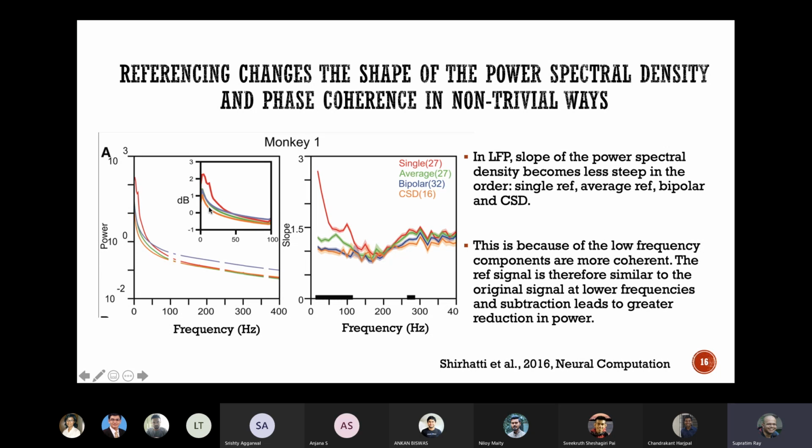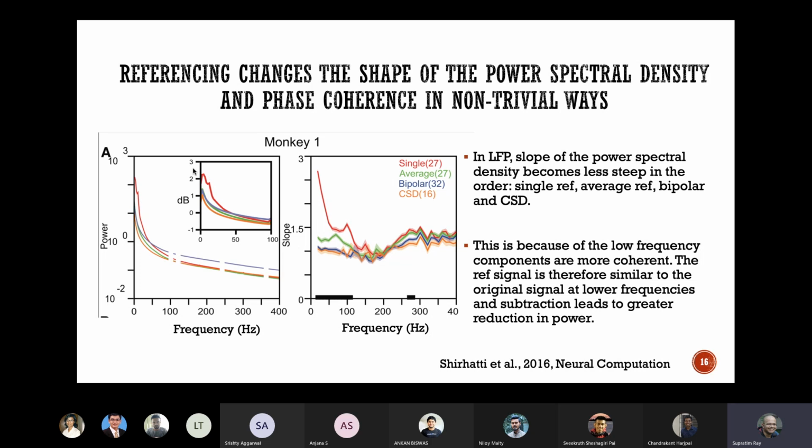The simple idea here is that there's a lot of low power at lower energy, right? So the signal has this power law shape, but the low frequency sinusoids are also more coherent.